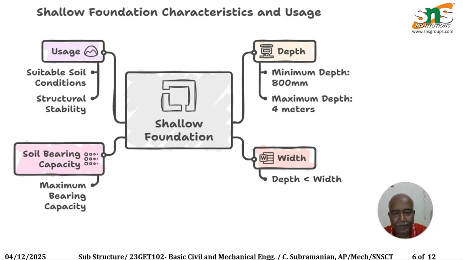The depth here is 800 mm, that is 4 meters, or about 12 feet maximum, but the minimum must be about 3 or 4 feet. 3 feet is the minimum depth for any building, and the maximum depth can be 12 feet only, not above 12 feet. And its usages are suitable for the soil conditions and also for structural stability.